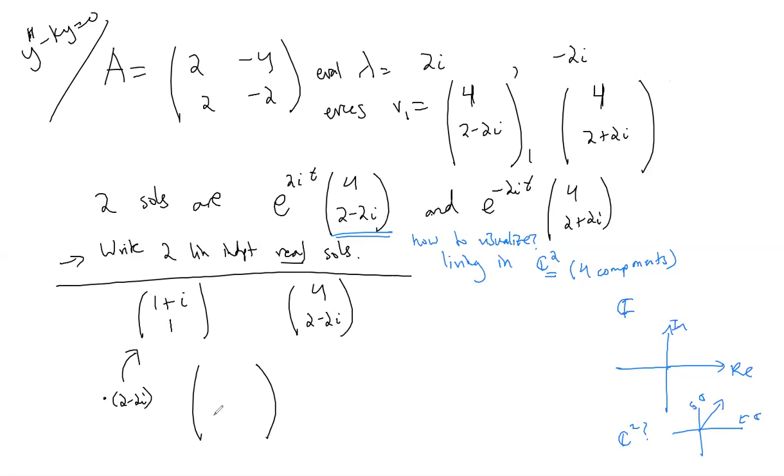We get 2 minus 2i, and on the top, 1 plus i times this equals 2 minus 2i plus 2i minus 2i squared, so plus 2. So we get 4, which is exactly this vector. Even though they look like different eigenvectors, they're actually scalar multiples of each other.